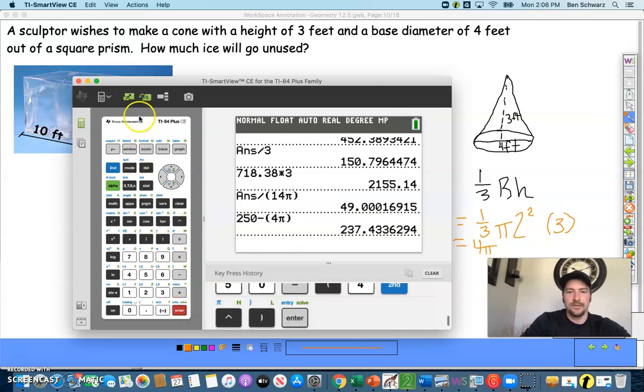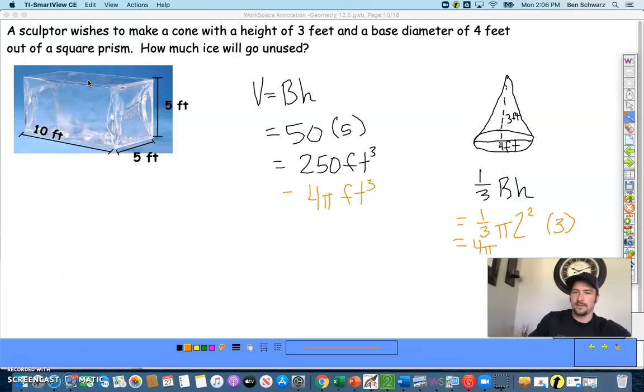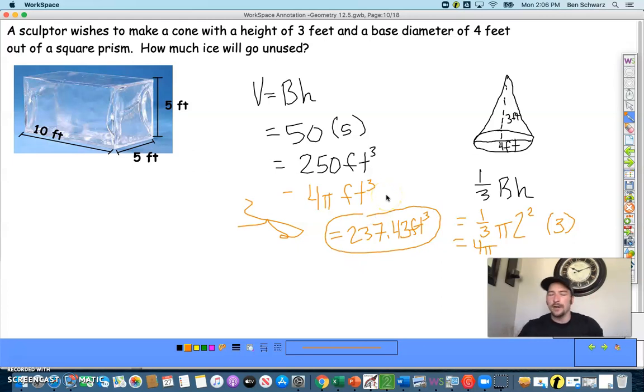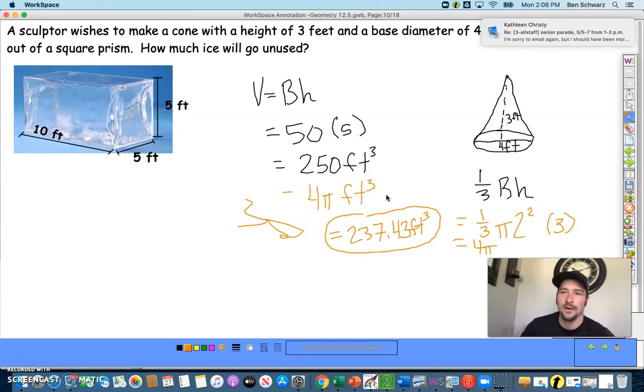So 237.43 is what we could have left. And feet cubed. So that's how you do one like that. So again, on problem 24 here on 12.5, what you want to do is find the volume of the prism first, and then you subtract the volume of the cone.